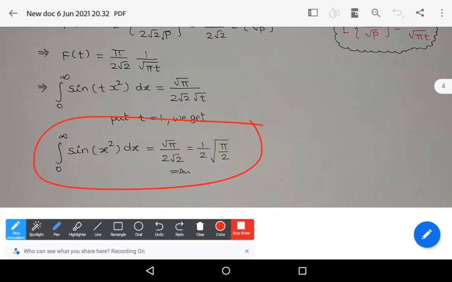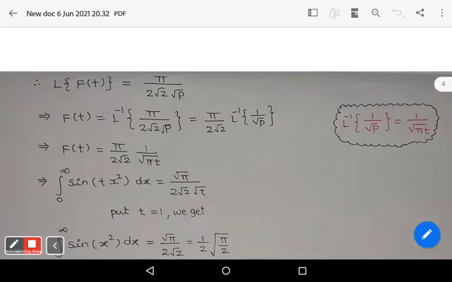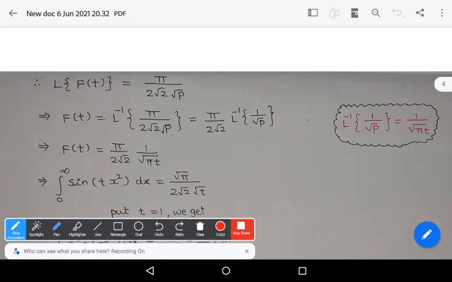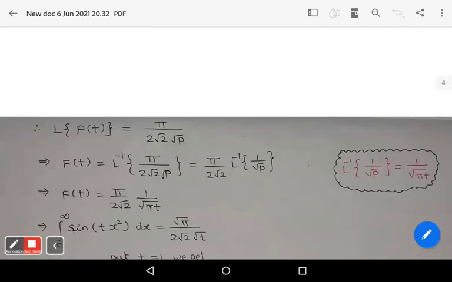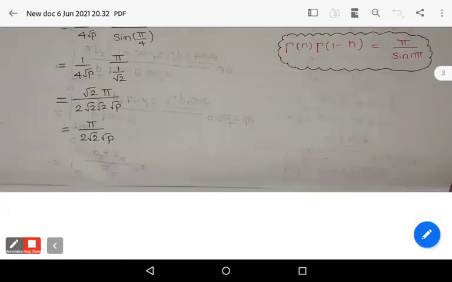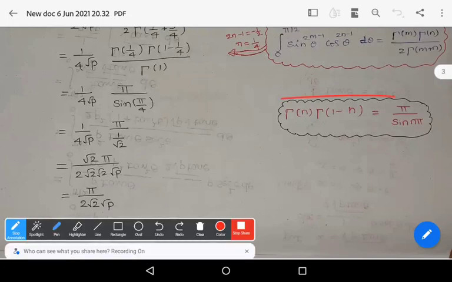Observe that this is a different method to solve this integral using Laplace transforms, which is important for our end semester examination for the 10 mark section. To solve this problem, you must learn some formulas. Let us see the formulas. L inverse of 1 by root p is 1 by square root of pi t, and gamma of n into gamma of 1 minus n is pi by sin n pi.